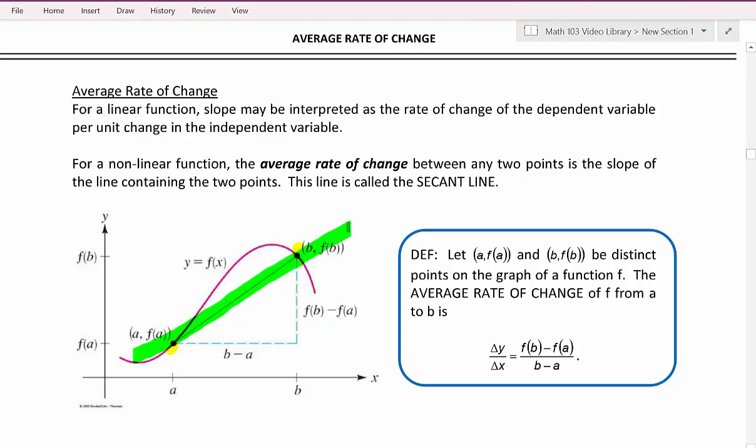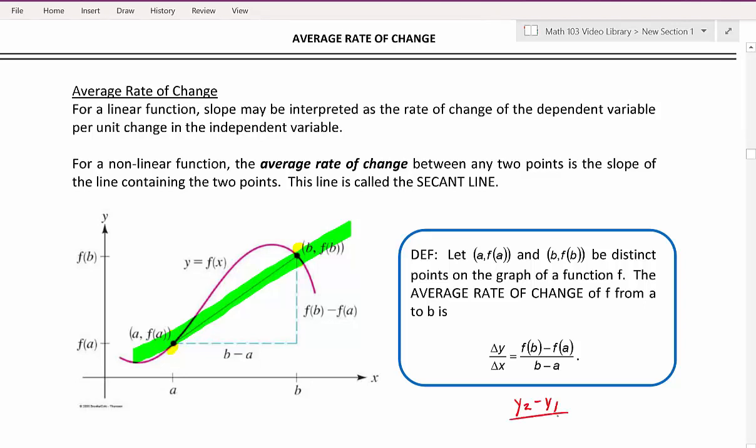Although our points are written in function notation, a f of a and b f of b, as opposed to x1, y1, and x2, y2, the way that we find slope is not different. The slope of this line is still the change in y divided by the change in x. So our average rate of change formula is essentially just our slope formula.